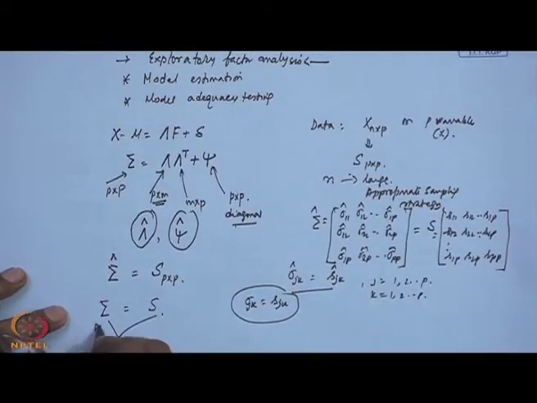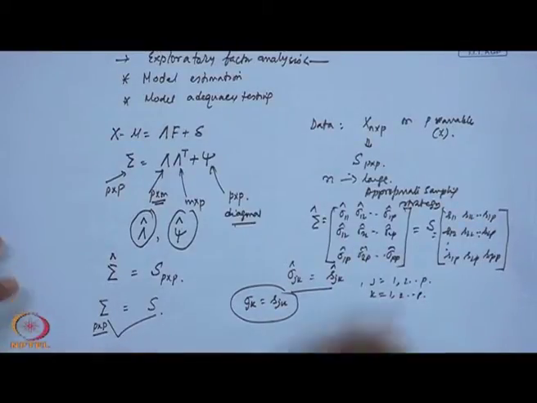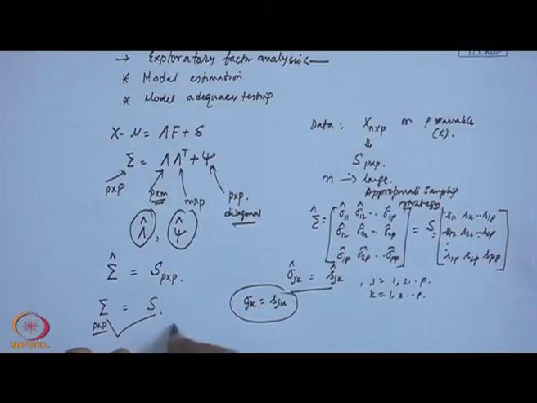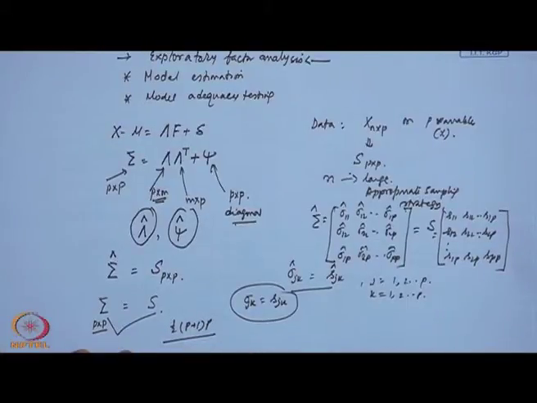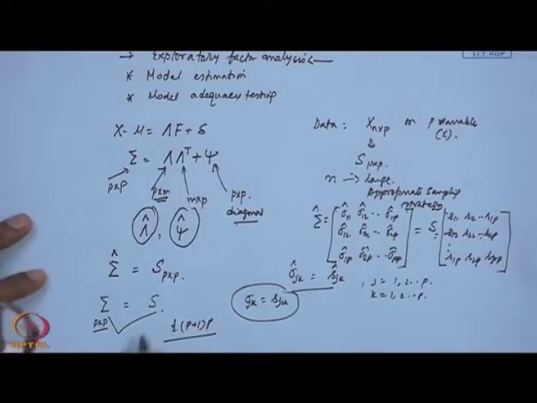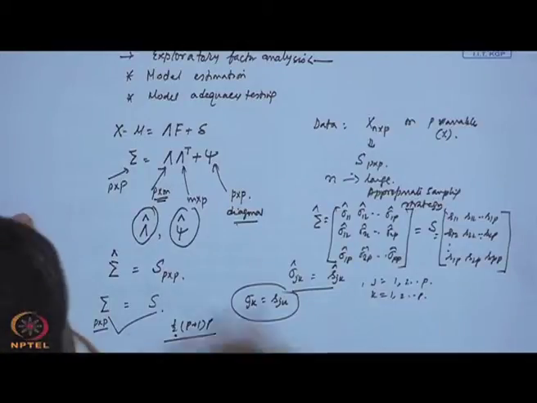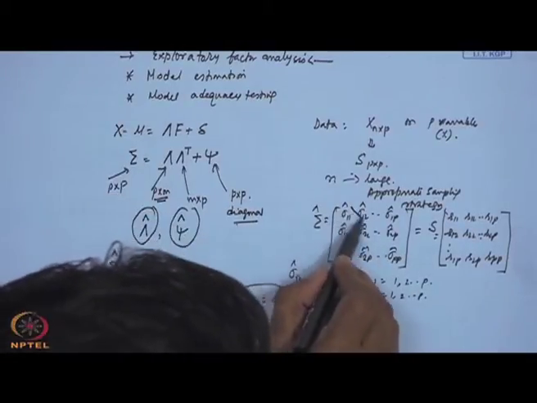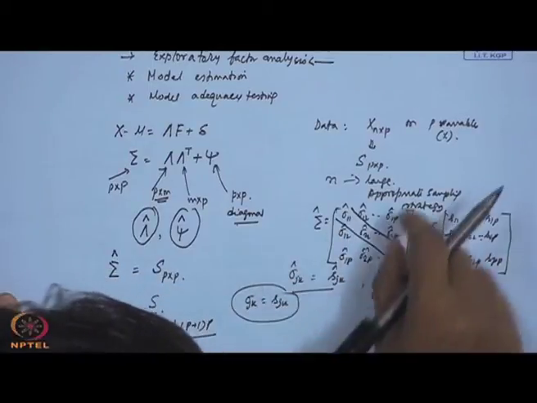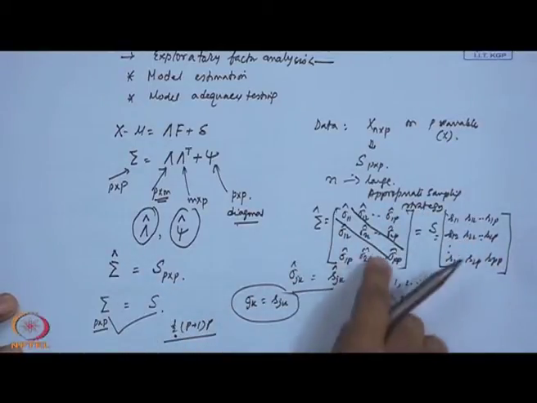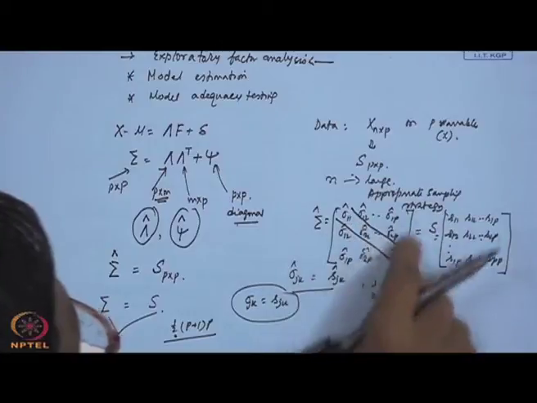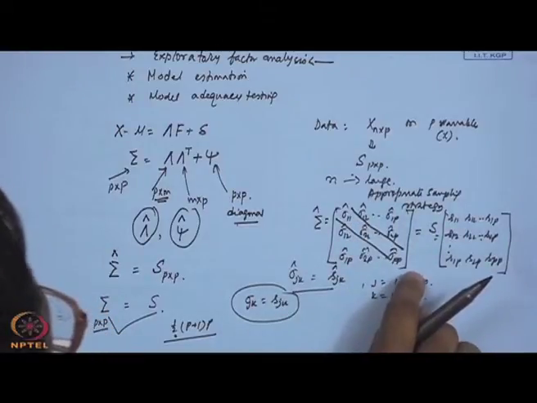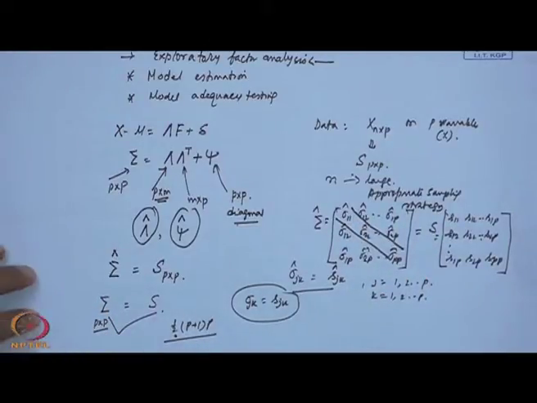So, we have a P cross P matrix here, and the number of estimating parameters will be half into P into P plus 1. This many parameters, because if you see the structure here, this portion is mirror image of this.